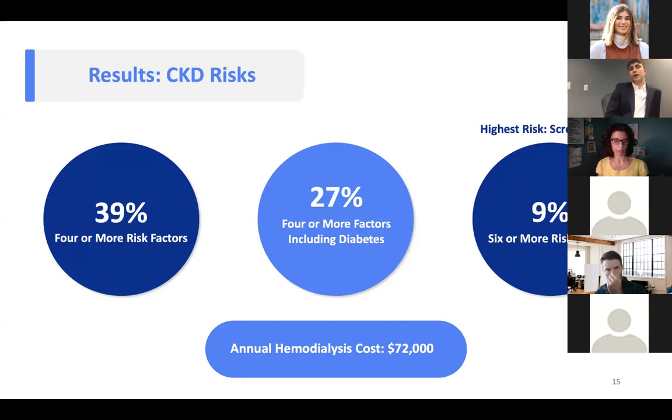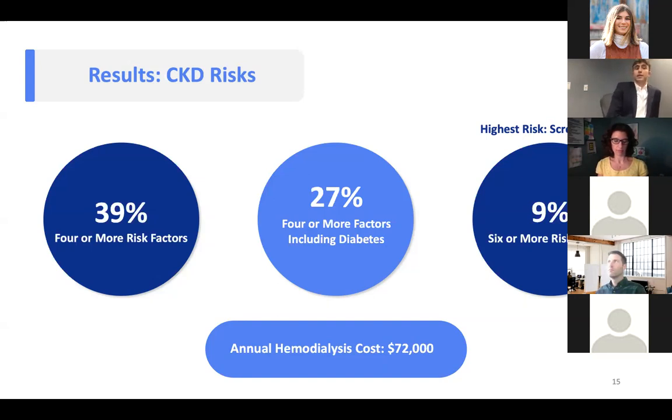For reference, these factors include but are not limited to diabetes, which is one of the most common factors associated with CKD, morbid obesity, congestive heart failure, high blood pressure, and several more. Showing this, you can look at these bubbles. We have 39% of non-diagnosed patients were at moderate risk with 4 or more risk factors. And then of that 39%, 27% were at high risk with 4 or more risk factors, including diabetes, which is one of the most commonly associated factors.